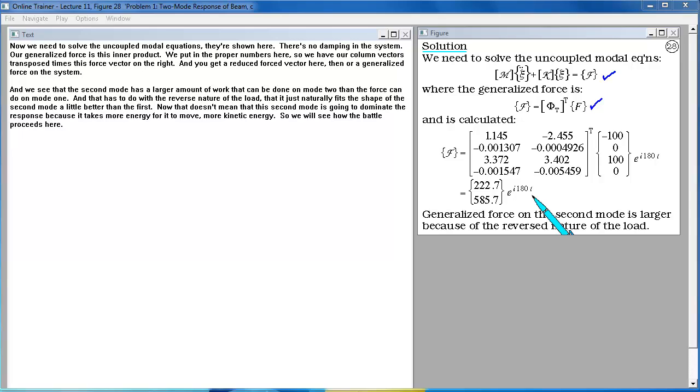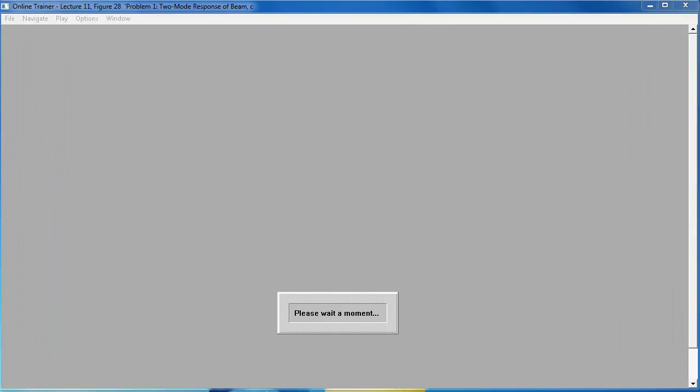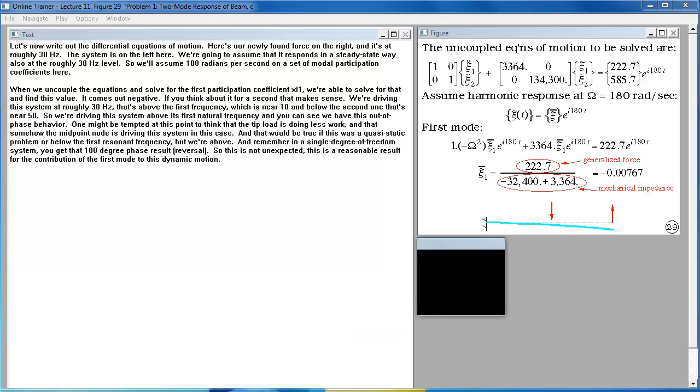And we see that the second mode has a larger amount of work that can be done on mode 2 than the force can do on mode 1. And that has to do with the reverse nature of the load, that it just naturally fits the shape of the second mode a little better than the first. Now that doesn't mean that this second mode is going to dominate the response, because it takes more energy for it to move, more kinetic energy. So we will see how the battle proceeds here.